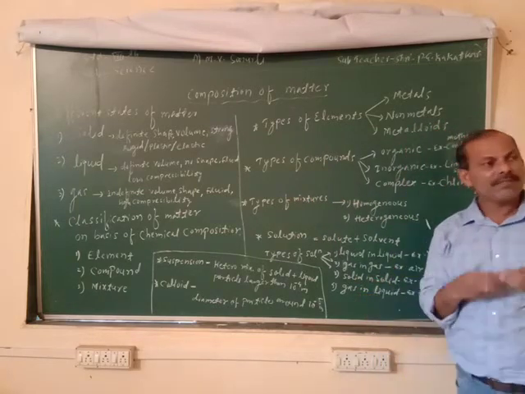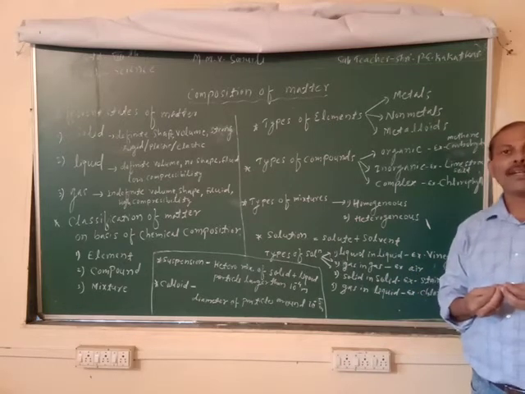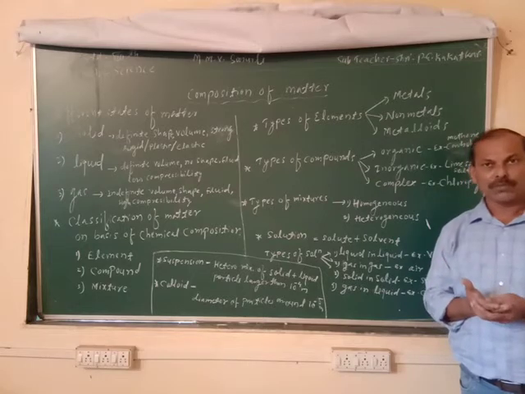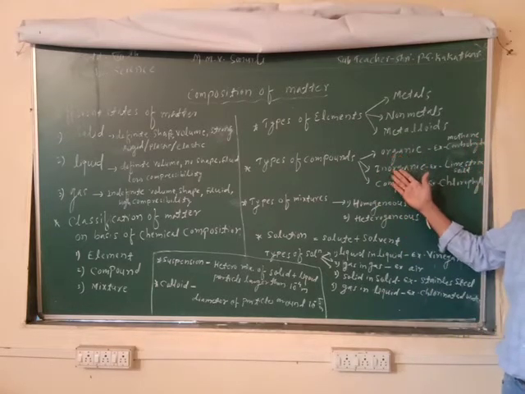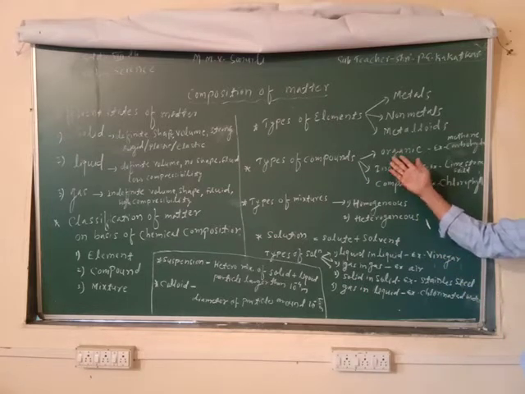Compounds are formed when two or more elements come together with chemical reaction and in proper proportion. But there are some other types of compounds. Some compounds are organic.